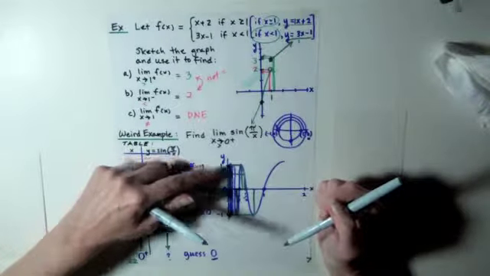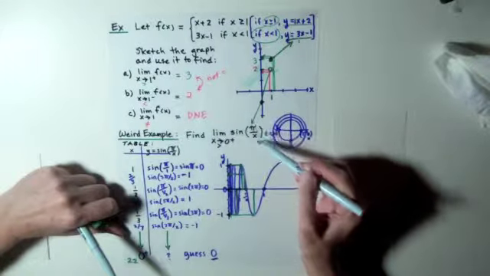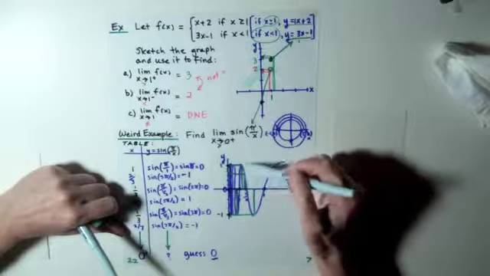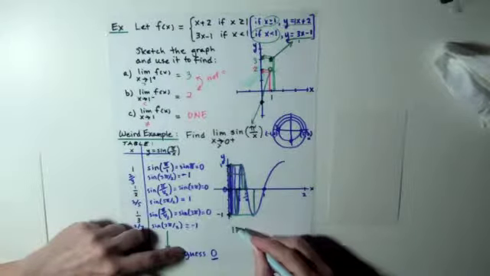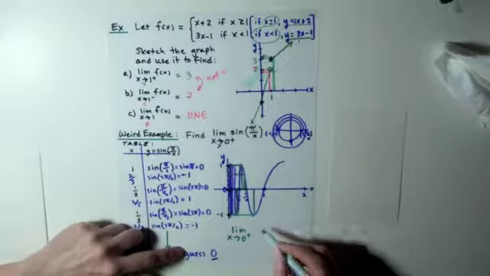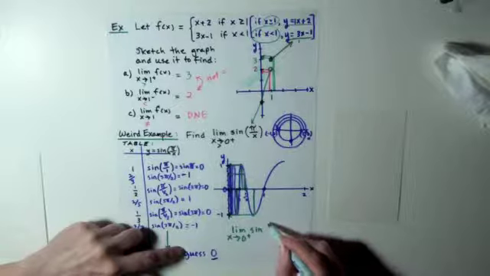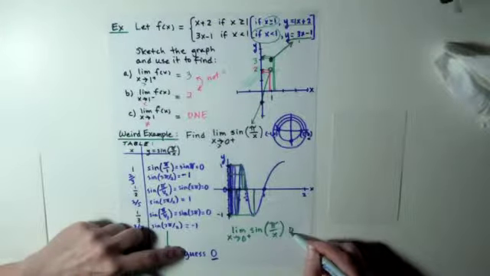So what would we say about the limit as x approaches 0 from the right of sine of pi over x? It's a very bizarre function with a very bizarre graph, and we would have to say that the limit as x approaches 0 from the right of this crazy function does not exist.